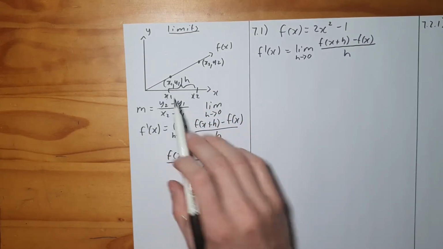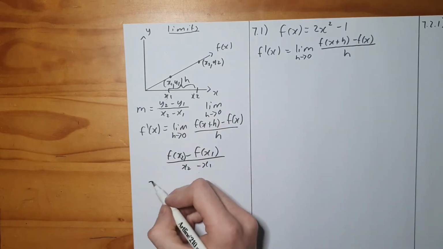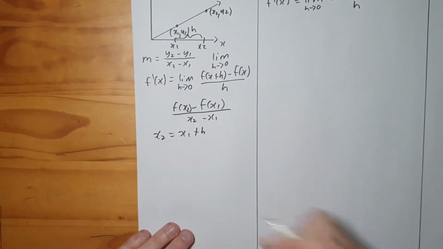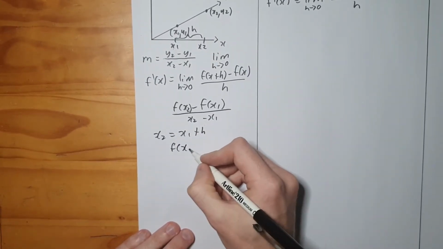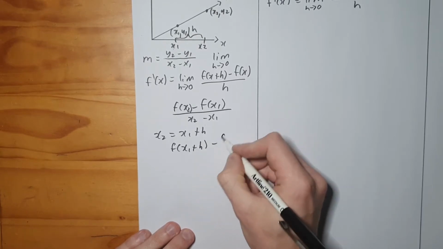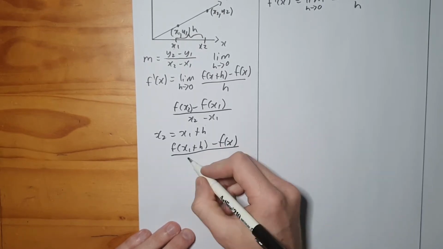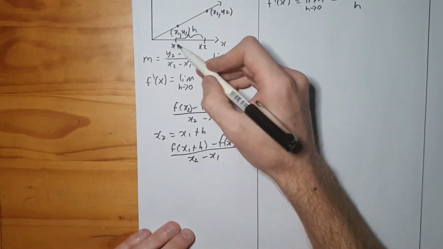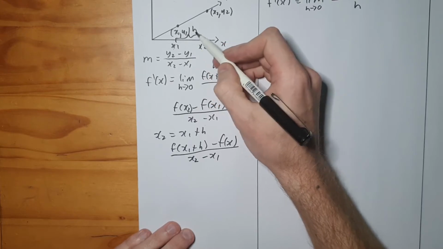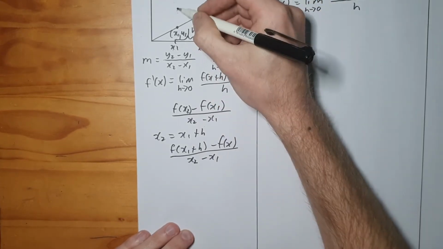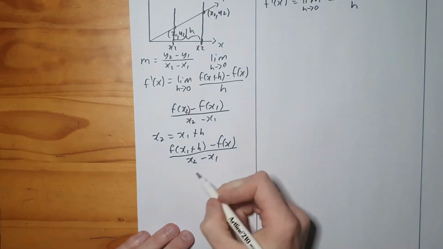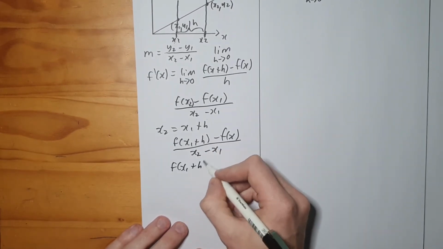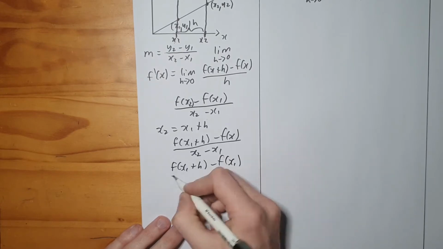So x2 can be written as x1 plus h. Therefore I get f of x1 plus h minus f of x1 all over x2 minus x1. Now, the distance between these two is called h, so I'm looking at this interval here. Therefore we can replace that with h, so we end up with f of x1 plus h minus f of x1 all over h.